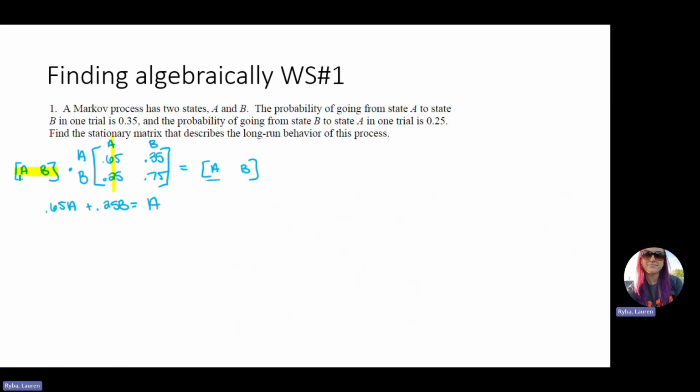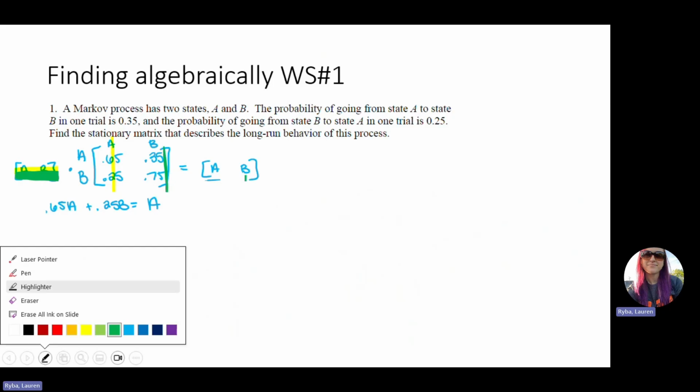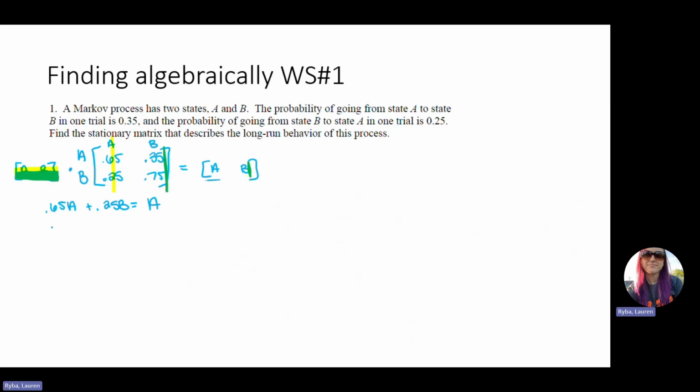Continuing with the matrix multiplication, I take my row matrix times my column here, and it's going to equal B over here. So let's see, 0.35A plus 0.75B equals B. What I'm going to do is move the A and B that are on the right-hand side over to the left-hand side.